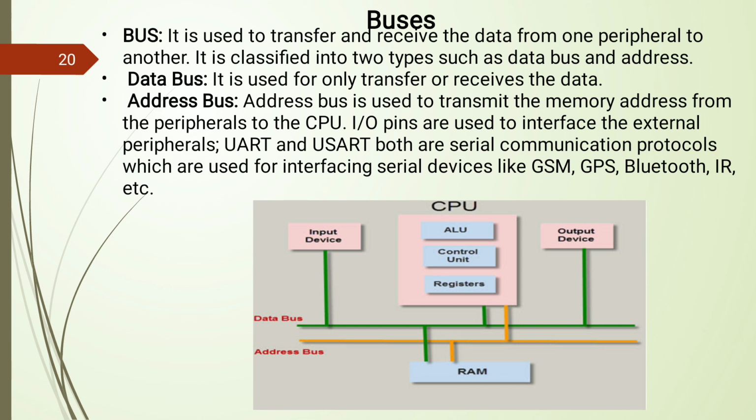Buses are divided into 3 categories: data bus, address bus and control bus. The data bus is generally used to transfer data from one location to another, that is from the CPU to memory or peripherals, or from peripherals or IO ports to the CPU. Here the CPU consists of temporary registers and the W register.